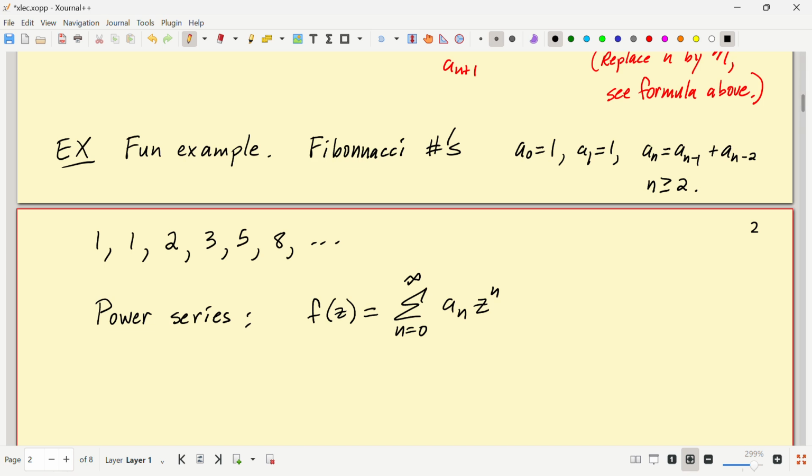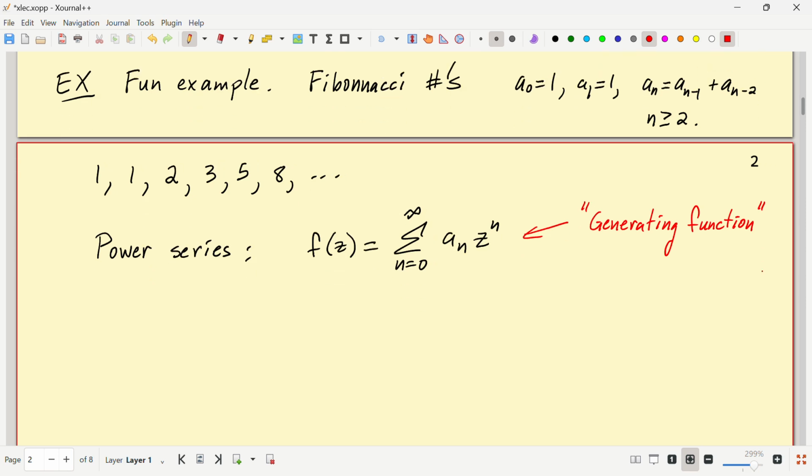Sometimes this is called a generating function when you're doing combinatorial things, and it turns out to be useful in solving combinatorial problems. So there's going to be an analytic function associated with this combinatorial problem. It leads to all kinds of interesting things.